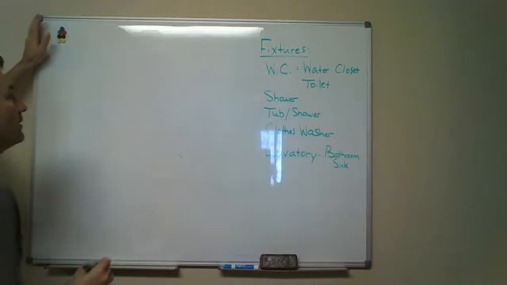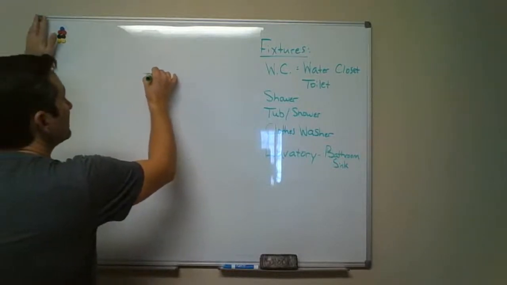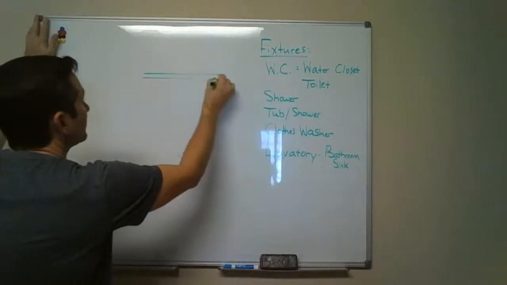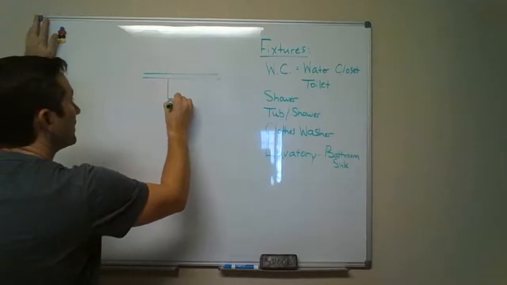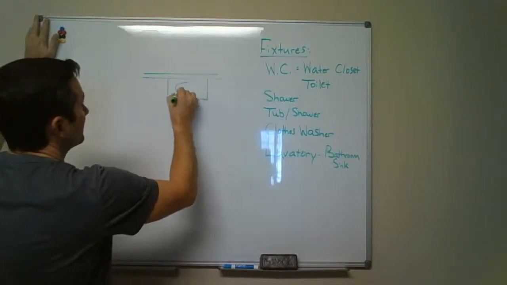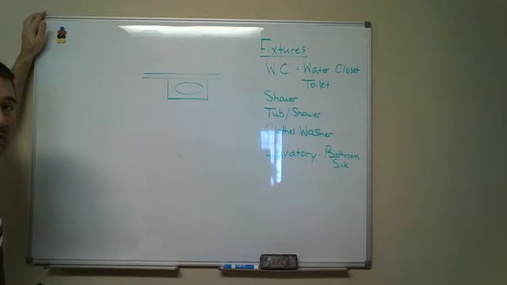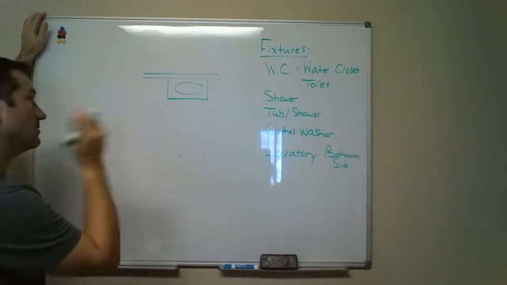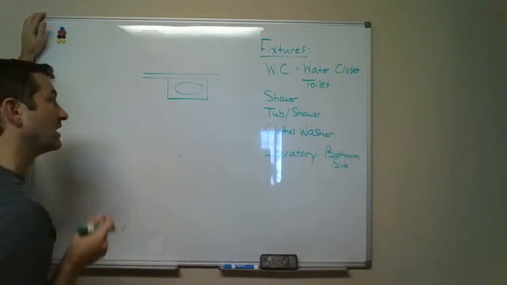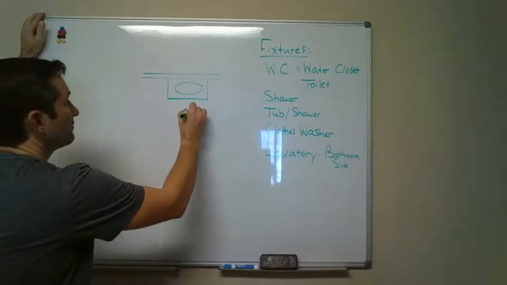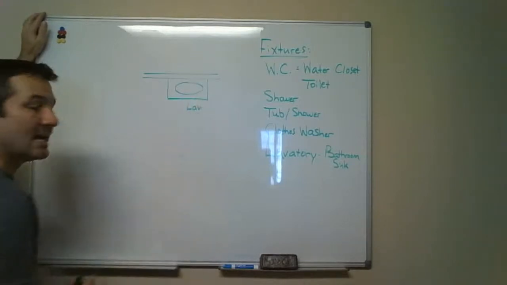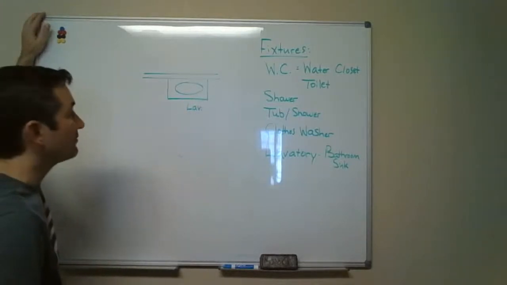From the bird's eye perspective on a floor plan, you're going to see the lavatory drawn like this. That would represent, and if you saw a toilet sitting beside it, you know that's a bathroom sink, the lavatory. And then you might see written over here, abbreviated, LAV for lavatory.